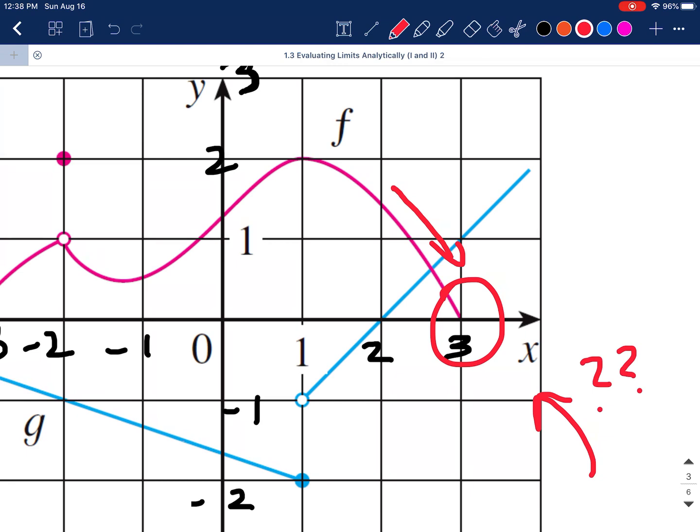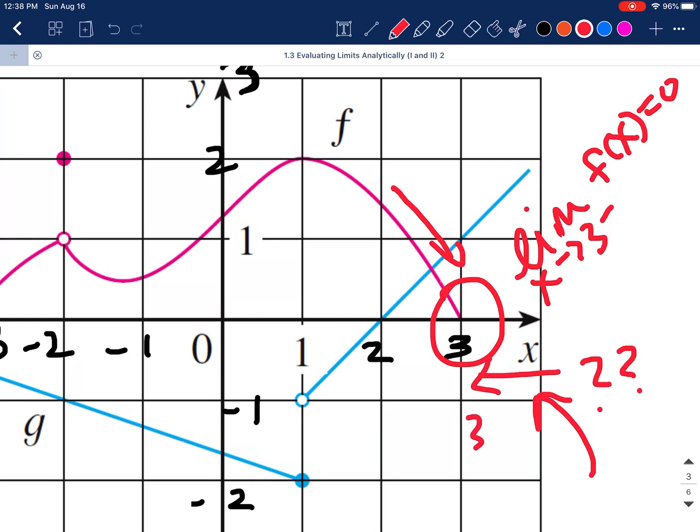So the limit as x approaches 3 from the left of f of x is 0, but the limit from the right doesn't exist. So we can only define this limit if we're approaching from the left-hand side.